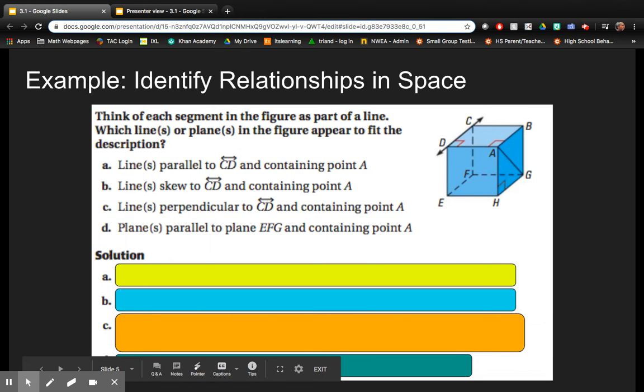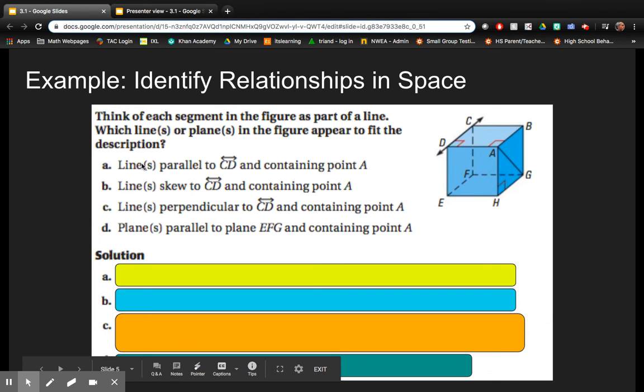Let's take that thought about parallel lines and skew lines, and let's look at this box. Think of each segment in the figure as part of an entire line. Which line or lines, plane or planes, in the figure appear to fit these descriptions?